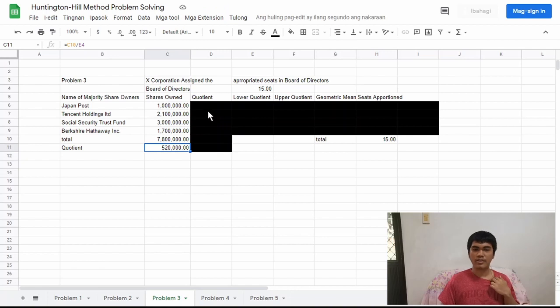So we will compute the quotient, which is 520,000, then we'll divide it with each company's shares owned.